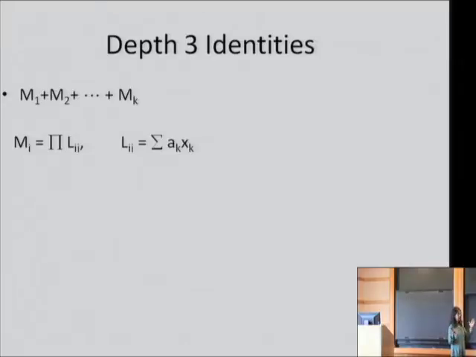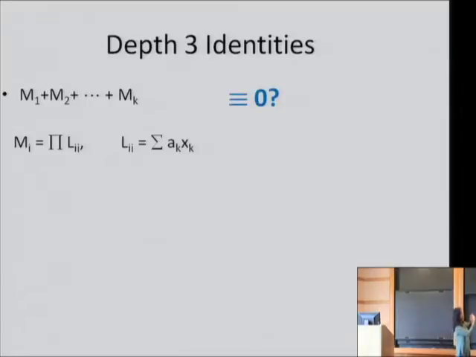The number of variables could be n, the degree could be very high, but I just want the polynomial to be a sum of k many polynomials, each of which completely factorizes, and I'm thinking of k to be a small number, some constant. So each m_i is a product of linear polynomials, these L_ij's, where each L_ij is a linear combination of the variables of the polynomial.